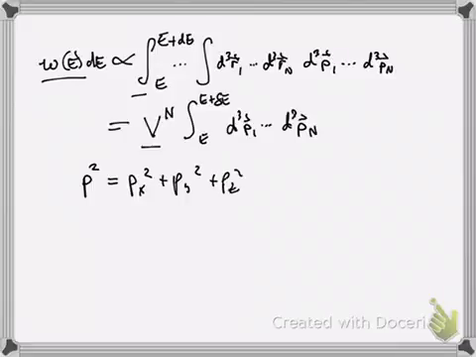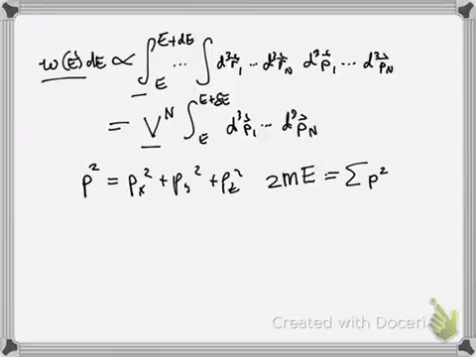And if we say the particles have mass m, then 2mE, the total energy, right? We're going to add up the kinetic energy of all the particles. That has to be equal to the sum of the p squareds over each particle. That's going to give us twice the mass of each particle times the total energy.